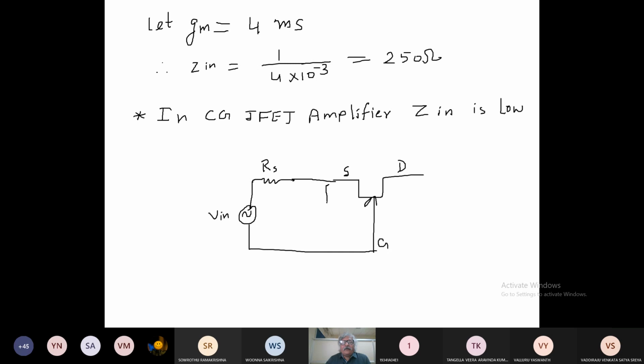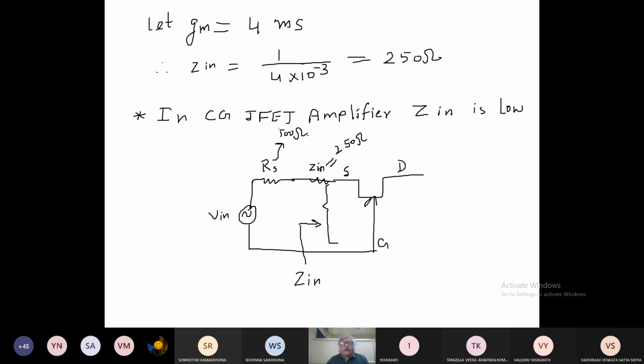And here you will find the Zin, input impedance, and its value is also low. Let us assume its value is 250 ohm, and the value of this RS is also quite low, suppose 500 ohm.